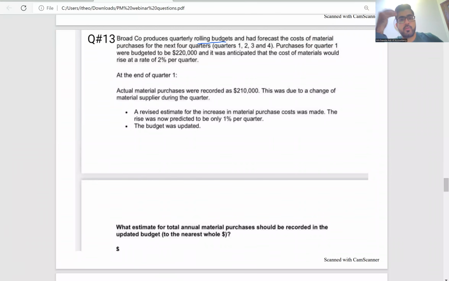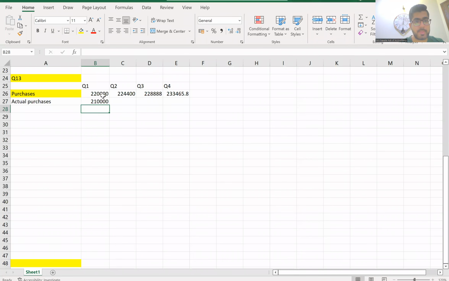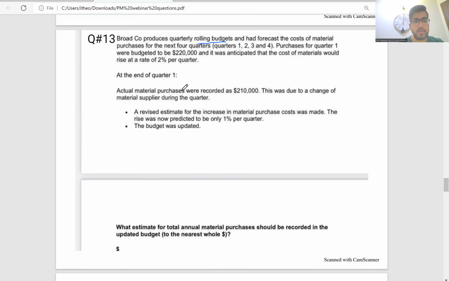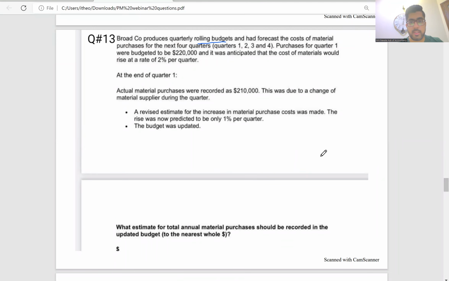Broad produces quarterly rolling budgets. Purchases were budgeted to be 220 and would rise at 2% per quarter. At the end of quarter 1, actual material purchases were 210,000. This was due to a change of material supply during the quarter.